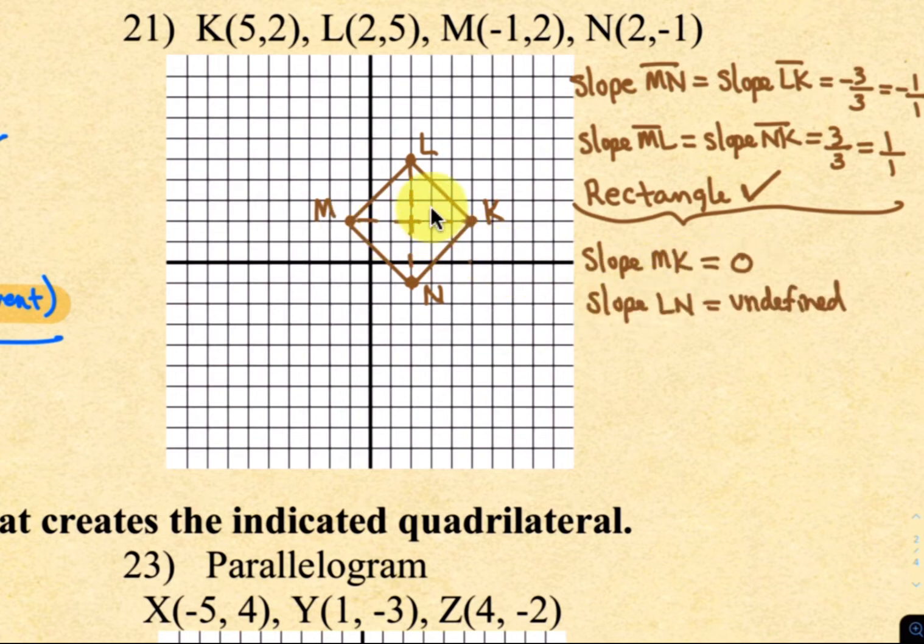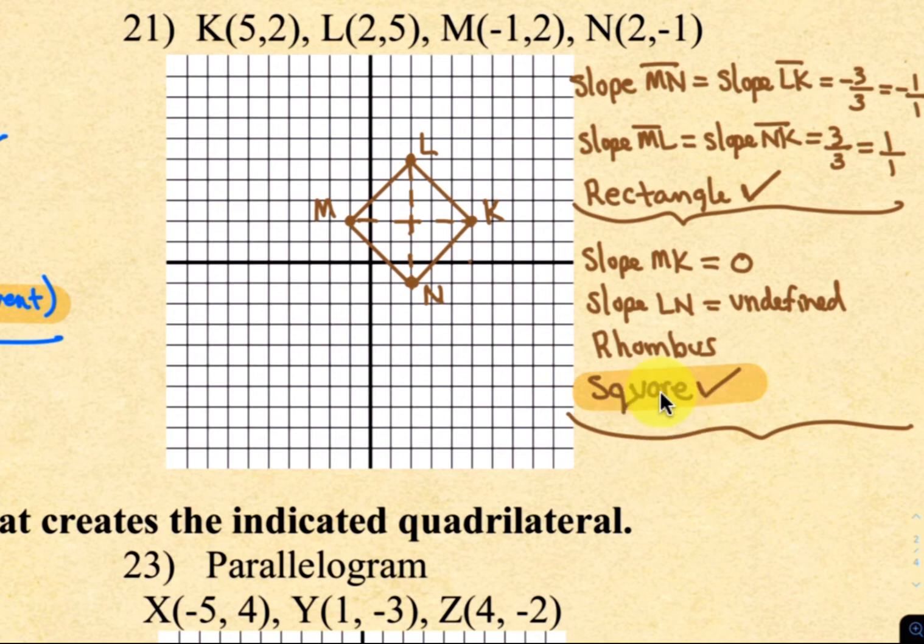The slope of LN, that's vertical, so it's undefined. And we know that a slope of 0 and a slope that is undefined are perpendicular slopes. They're perpendicular to each other. Therefore, we do have a rhombus. And since we have a rhombus combined with a rectangle, that means we have a square ultimately. All right.